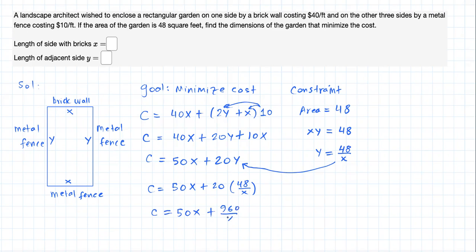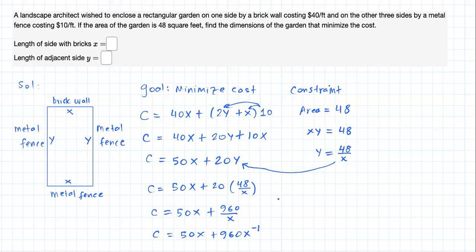which is equal to 50X plus 960 over X. All right, now let's rewrite our cost function as 50X plus 960 times X raised to minus 1. Because next I will find the critical points of this cost function by setting the derivative equal to 0, right?